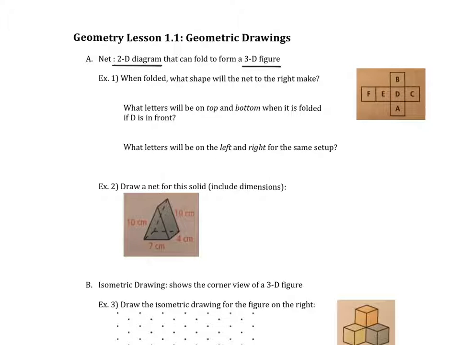Is there any other net that we could make for this box? Could you lay it out something other than what you see right now? Yeah, right? We could have taken this piece right here and put it right here. Still a net for this box, right? So there's not going to be just one right answer when you have to come up with a net for something.